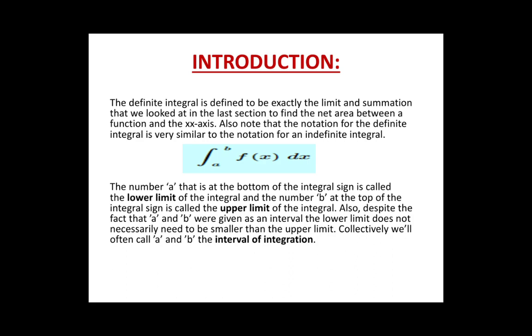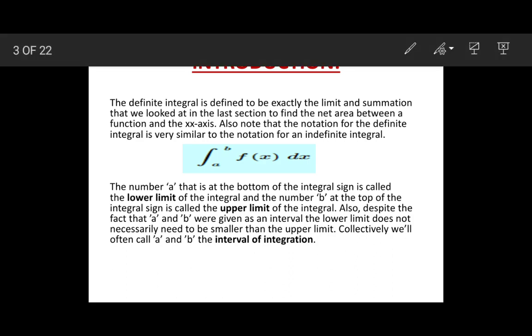Now let us see what we mean by definite integrals. The definite integral is defined to be exactly the limit and summation that we looked at in the last section to find the net area between a function and the x-axis.